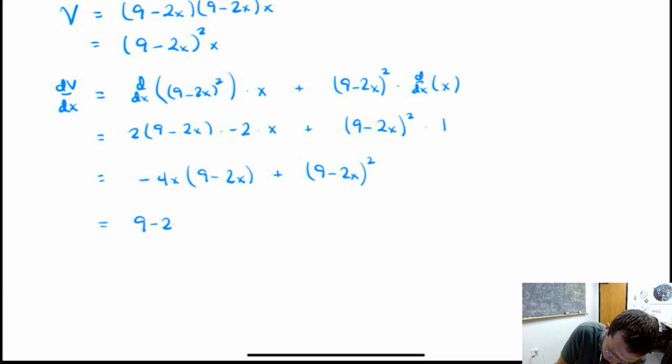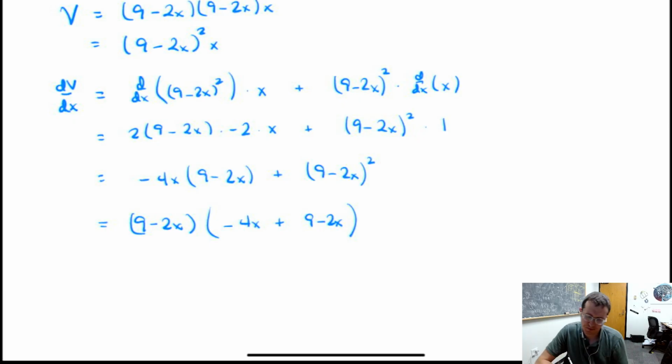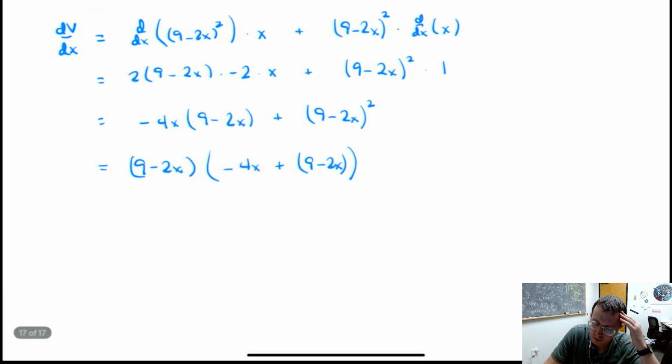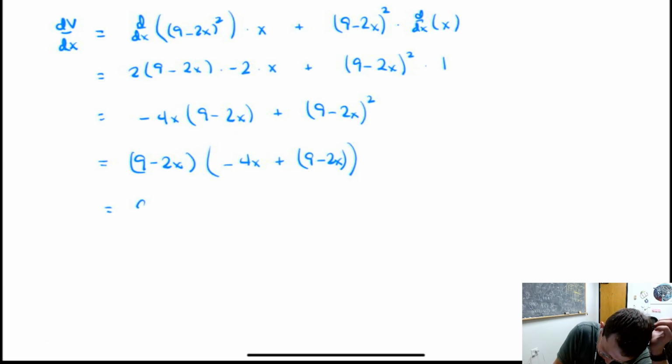So I can factor out a 9 minus 2x, leaving a minus 4x and a 9 minus 2x. And then 9 minus 2x minus 4x is 9 minus 6x.